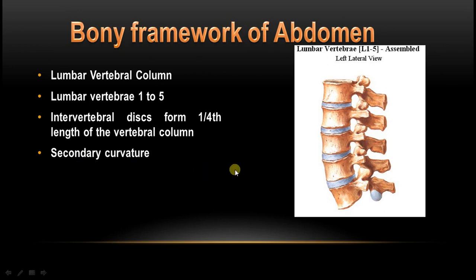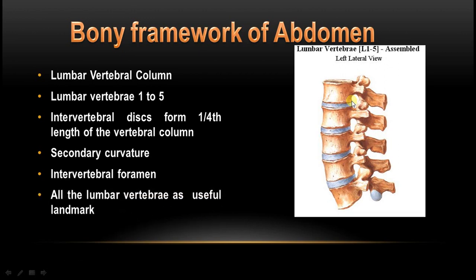And this is the secondary curvature. Then you see the intervertebral foramina on the sides of the bodies of the vertebrae, through which the lumbar segments of the spinal nerves, first, second, third, fourth and fifth lumbar nerves, emerge.